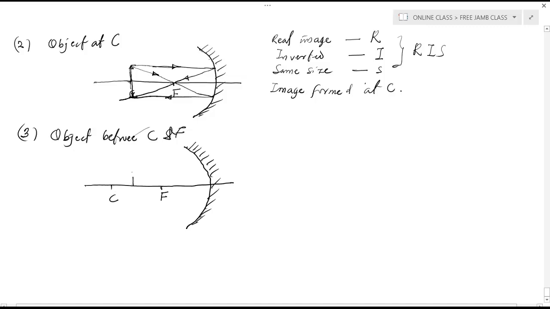Object is between C and F. First, parallel line to the principal axis passes through F. Then another one goes through F itself.